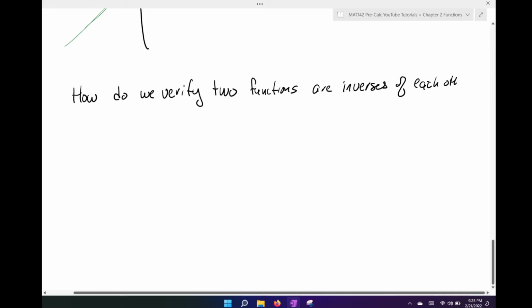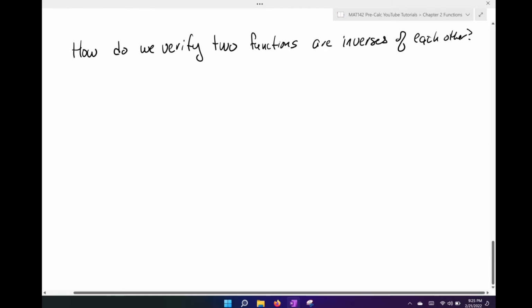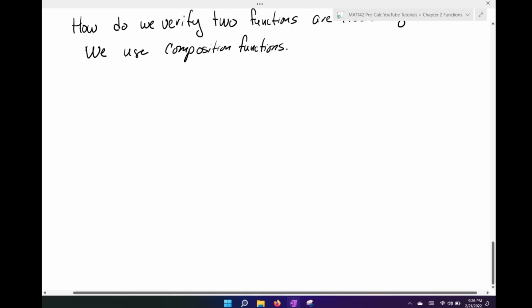Okay? Well, this all goes down to composition of functions. So we saw that in the previous section. Okay? So basically what we're looking for is this.